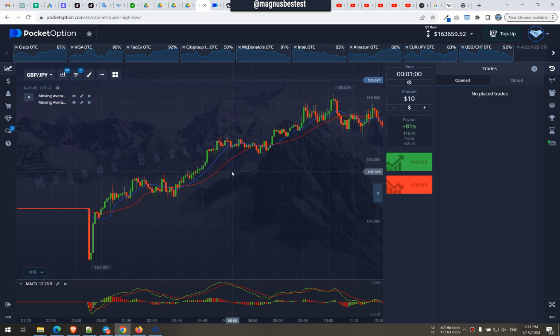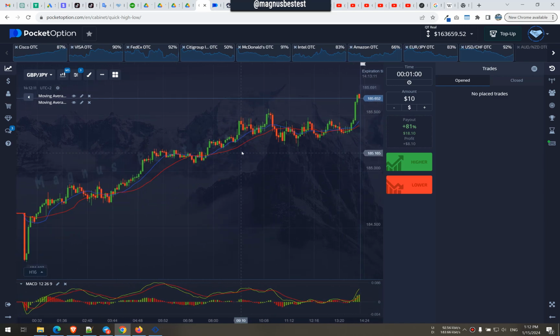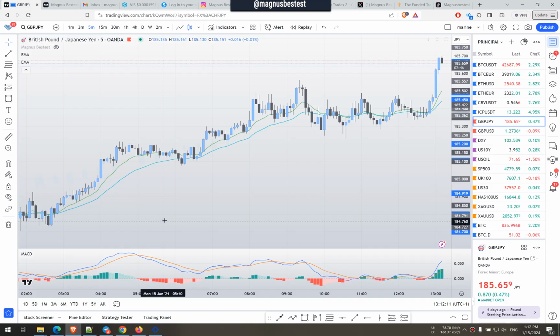So in this case 12 from 26, and it's not mathematically like you subtract 12 minus 26, which is minus 14. It doesn't work like this, because you want to subtract the size at the point. For example, let's take this candle, and now I need to go to TradingView to explain it better.